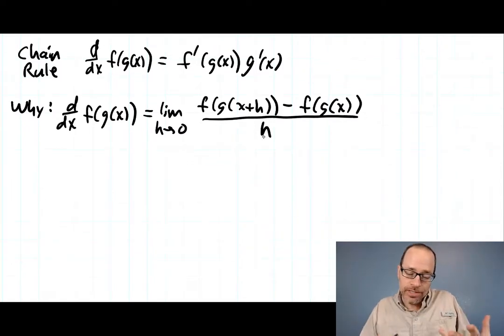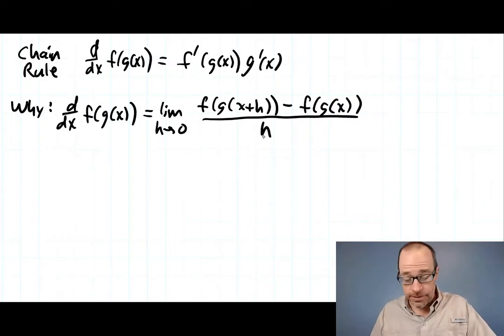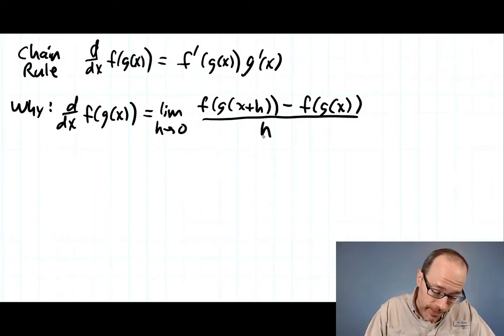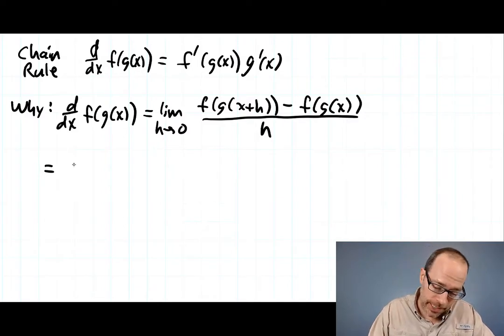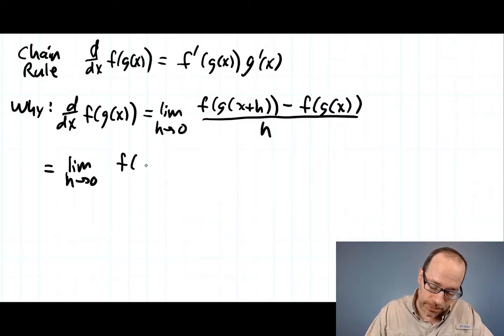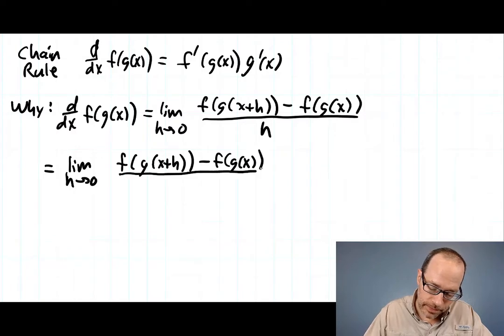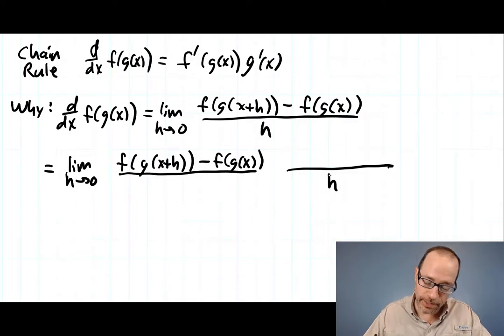This result isn't obvious if you're just staring at it in this form, so there's a trick, and the trick is to multiply by 1 in a clever way. I'm going to keep the numerator here, f of g of x plus h minus f of g of x, and I'm going to put the h over here.